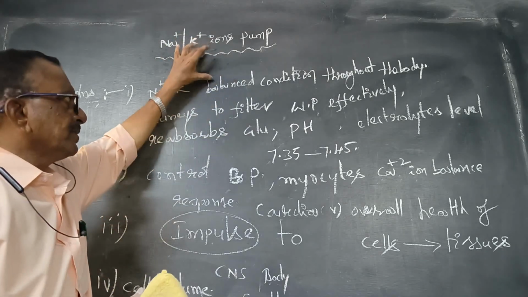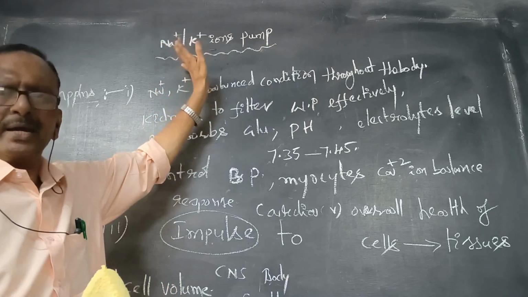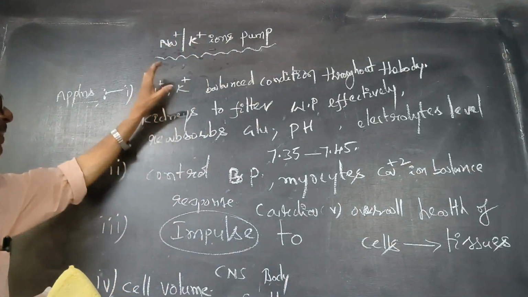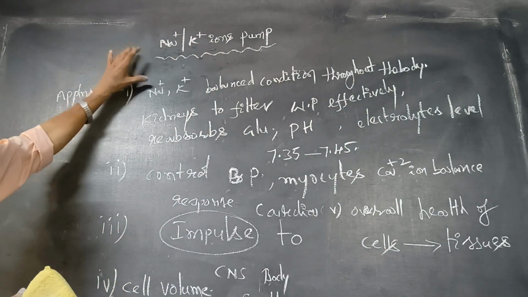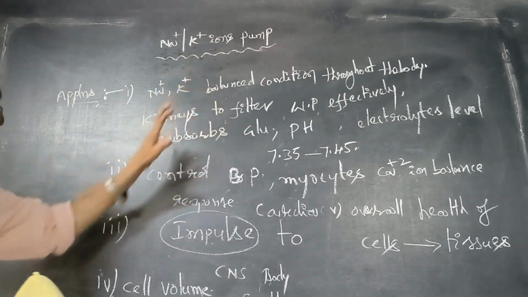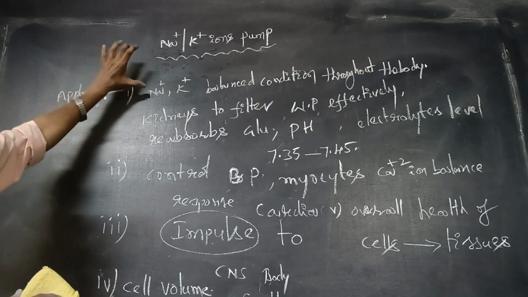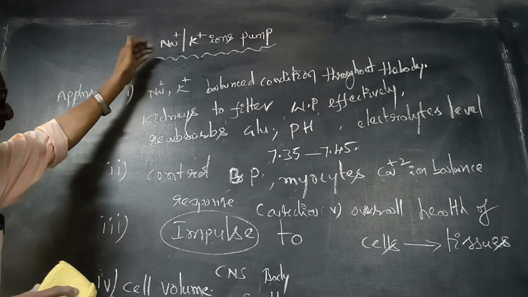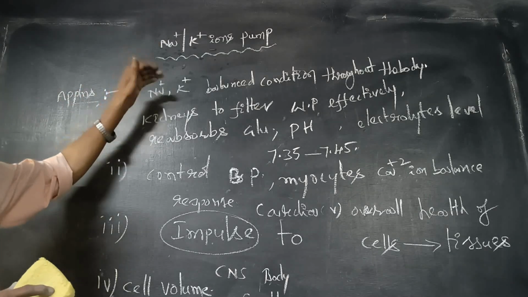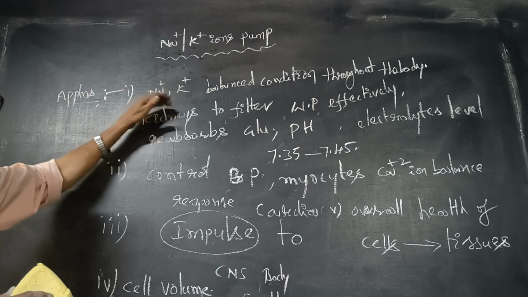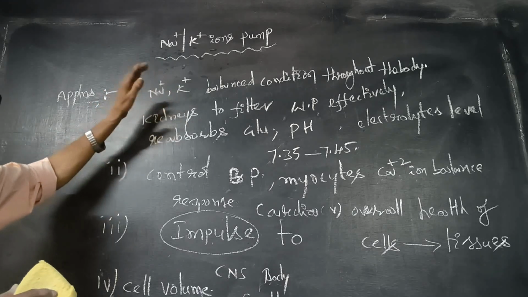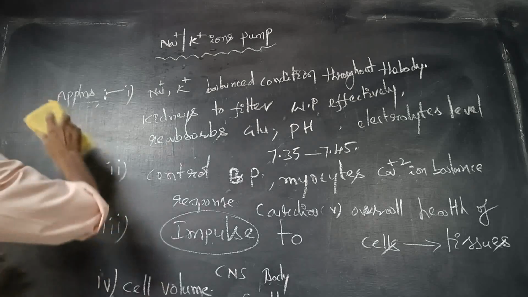There should be a balance between these ions. So this is the application part of the sodium and potassium ion pump. Now I am moving to the exact structure and function, how it is happening, phosphorylation and dephosphorylation, that we will learn.